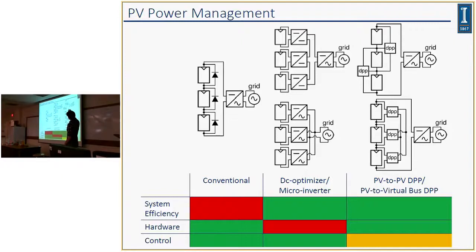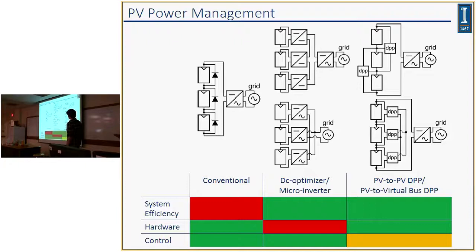The top right DPP would only need to inject about 2 amps, and then this would need to be about 1 amp. So the amount of power they process is greatly reduced compared to a DC optimizer or microinverter topology. Consequently, your system efficiency goes up because your loss is reduced.